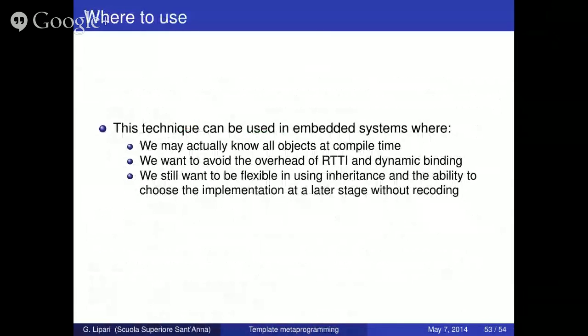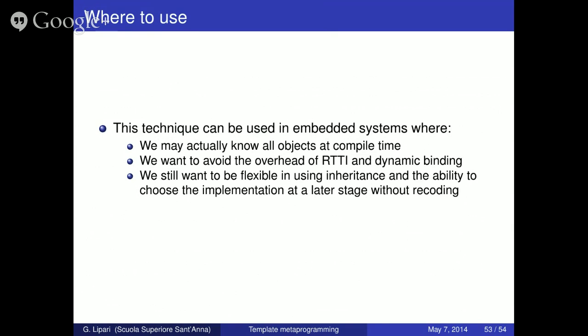So where you want to use this technique can be used in an embedded system where we may actually know all objects at compile time. So the dynamic binding is probably not really necessary. You want to avoid the overhead of runtime type identification and dynamic binding because it brings some overhead with it.